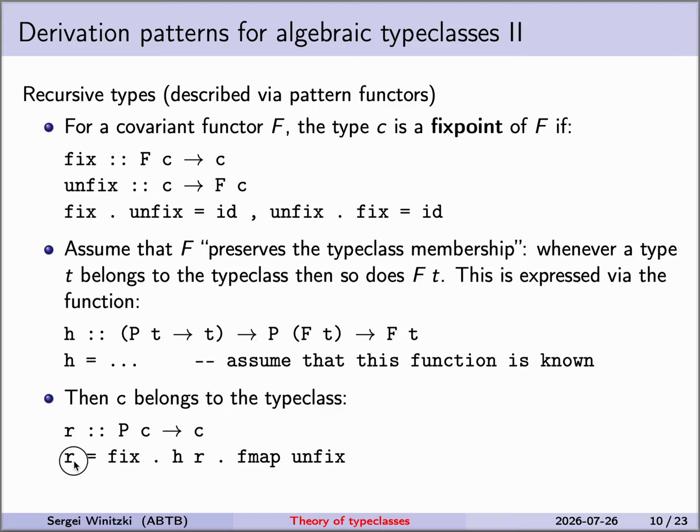So we are defining R recursively through itself. So H of R is a function of this type, which is then going to be used to transform P of FC to FC. So the result of this is FC, then we can apply fix, and we get C. So that is how we can implement the structure map for the fixed point.